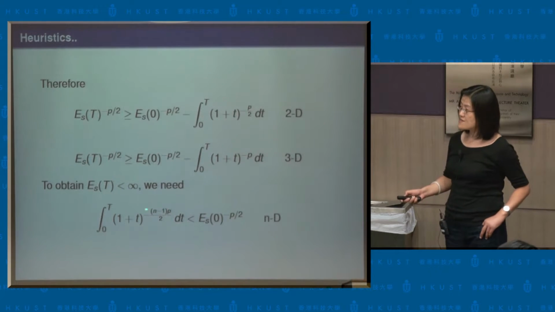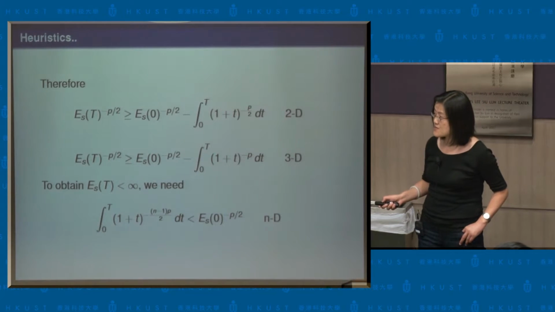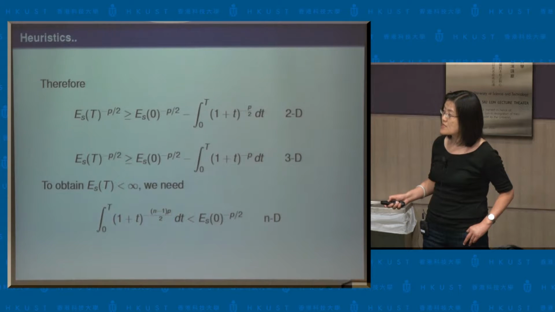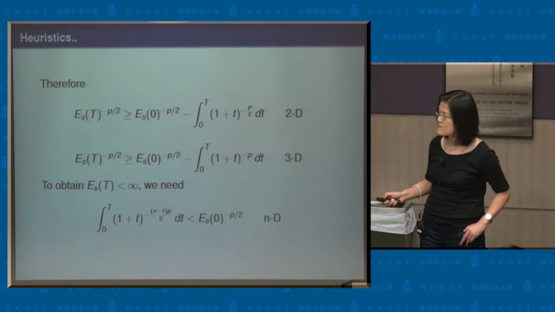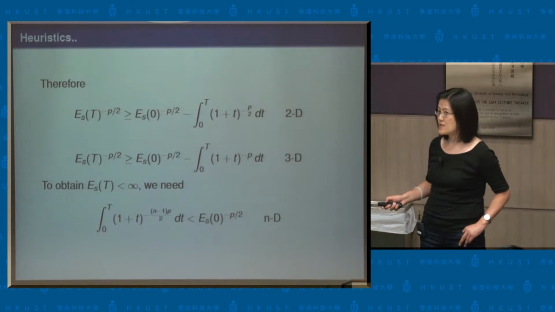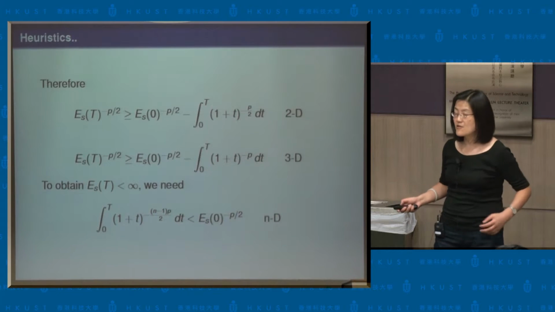But if we understand the nature of the nonlinearity better, that means if we can show that there's no quadratic nonlinearity, that means if p is 2, so at least the nonlinearity is of cubic or higher order. So we are integrating 1 over 1 plus t squared. We know that's integrable.